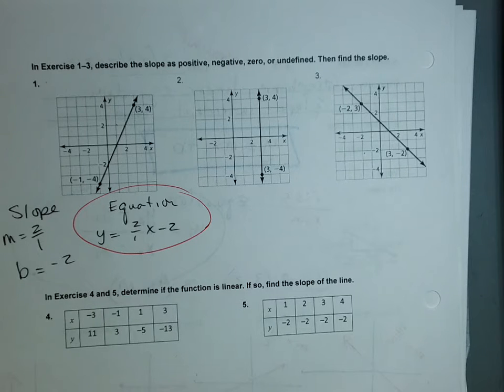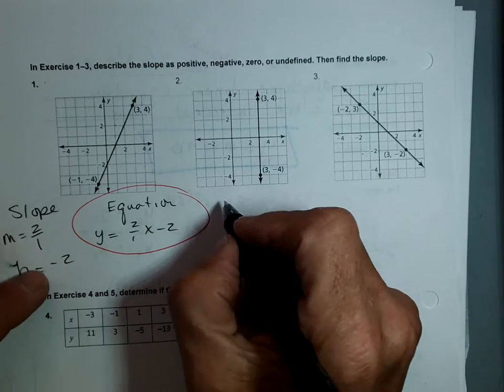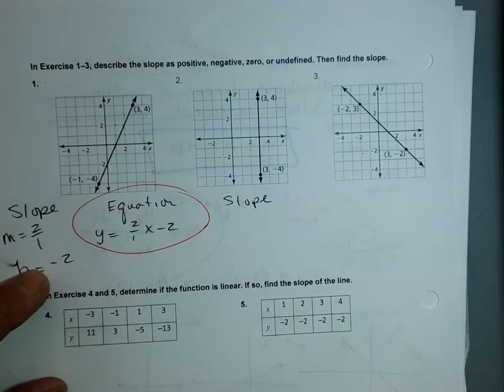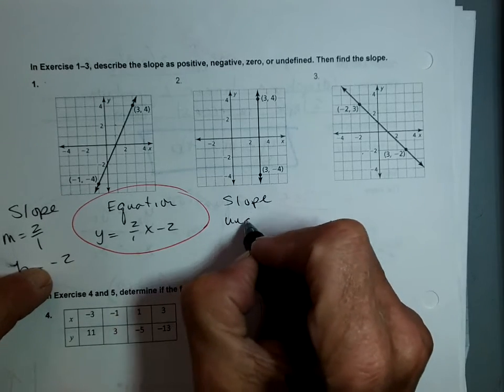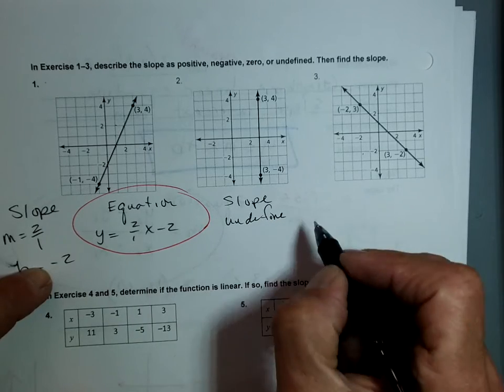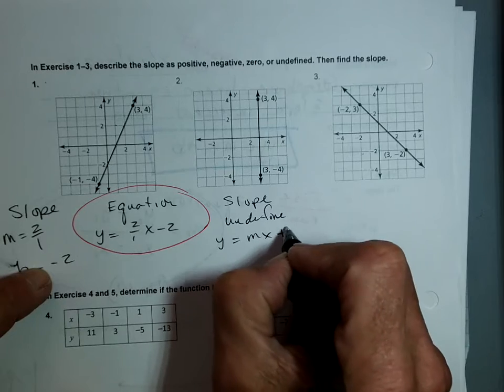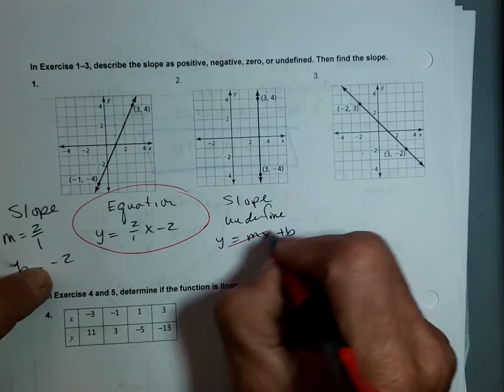Okay, let's look at number 2. First of all, the slope. That one's undefined, right? So if it's undefined, you don't use y equals mx plus b.